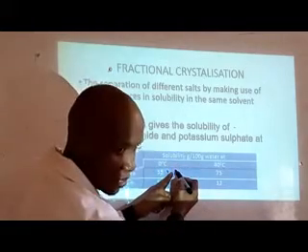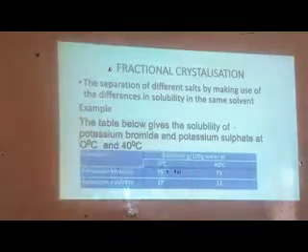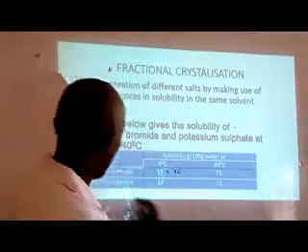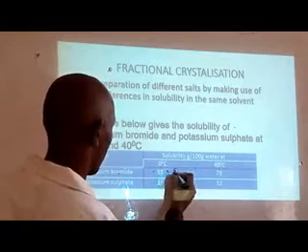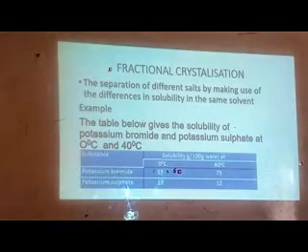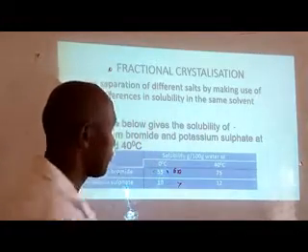and this one contains 60 grams of potassium nitrate and 7 grams of potassium sulfate.